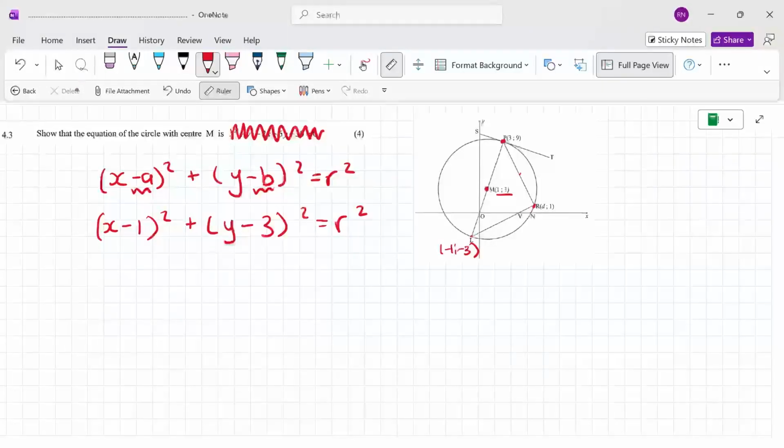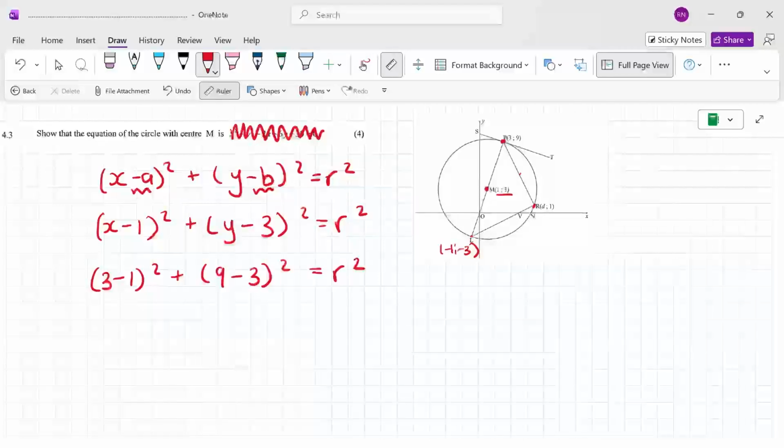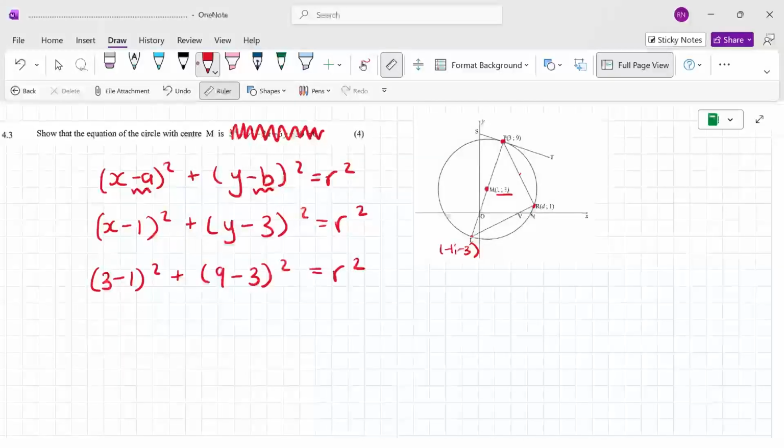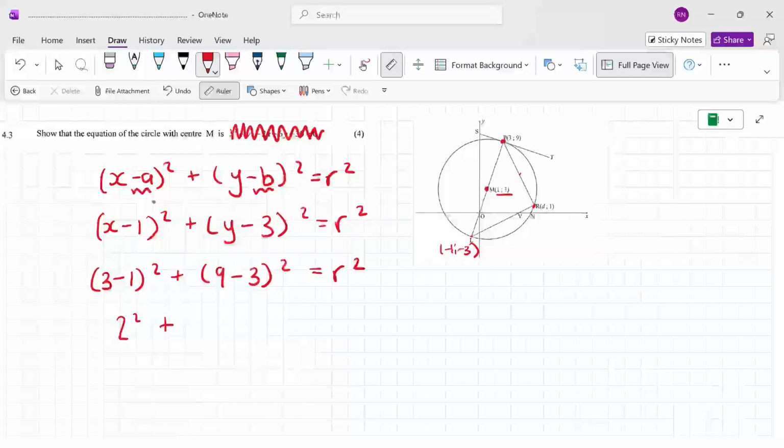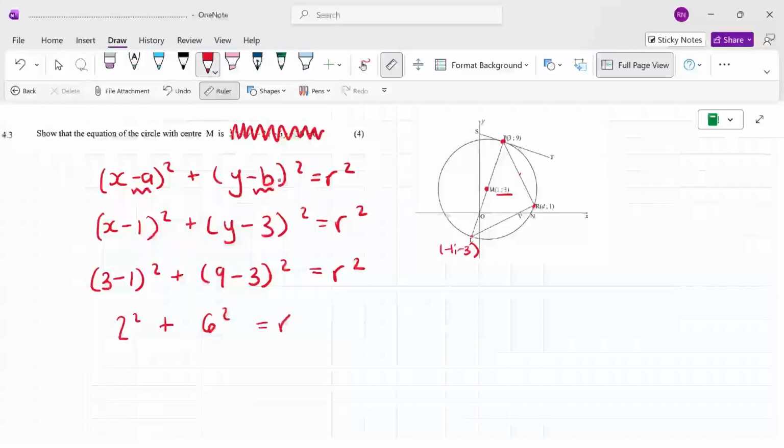So x for that 3 and 9 is going to be 3 minus 1 squared plus y is going to be 9 minus 3 squared is equal to r squared. And so now we're going to find what this is. This is 3 minus 1 is 2 squared plus 9 minus 3 is 6 squared is equal to r squared.